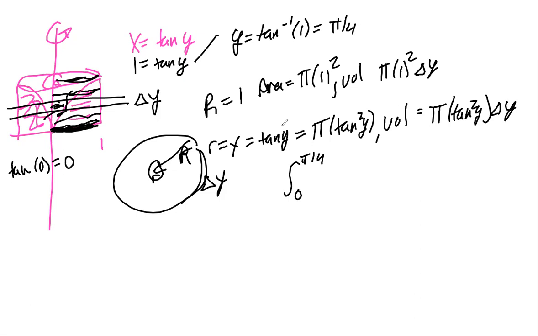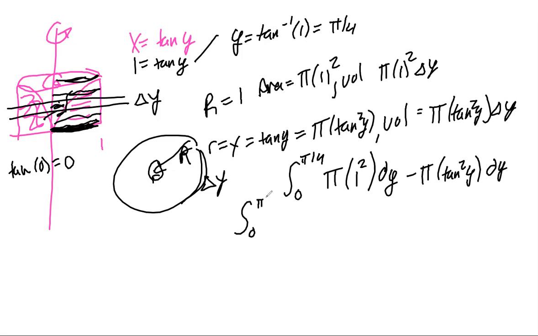So setting this up, we have our outside radius, our big R, which is pi times 1 squared dy, minus the inside piece, which is pi times tangent squared y dy. Now, I'm going to pull the pi out. From 0 to pi over 4, 1 squared is 1, minus tangent squared y dy.